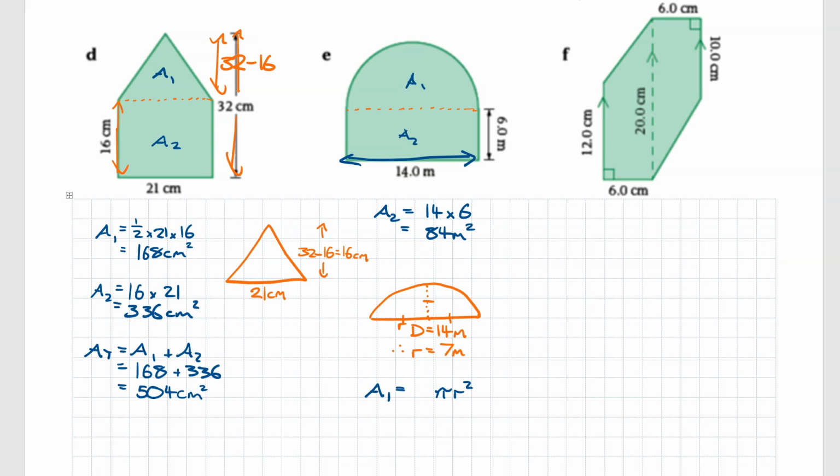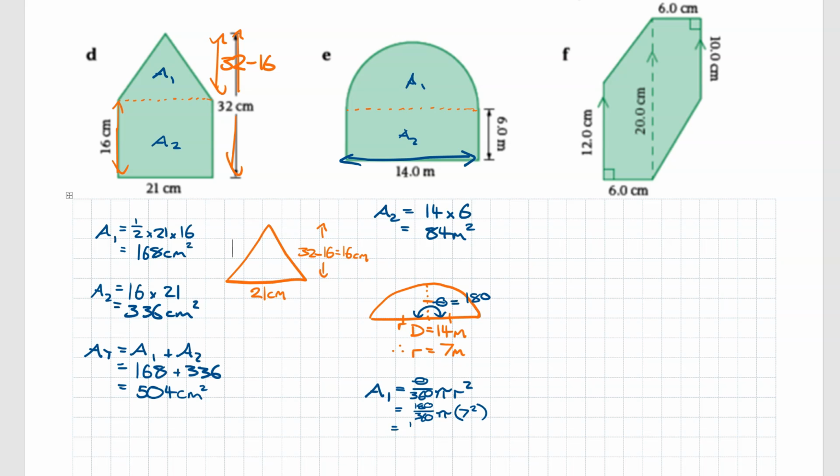And then remember, we're going to go for theta. So we've got this guy here, theta. In this case, theta is going to be 180. So it will be 360 in the numerator and then theta on top. So what we're going to get is 180 divided by 360 pi times 7 squared.